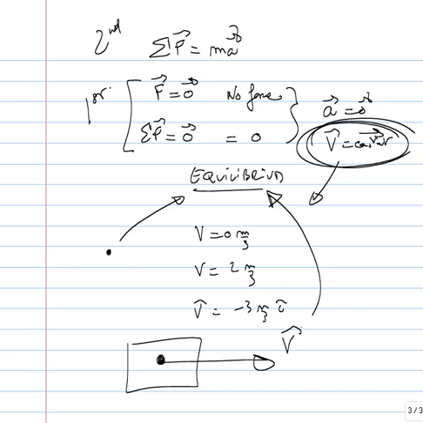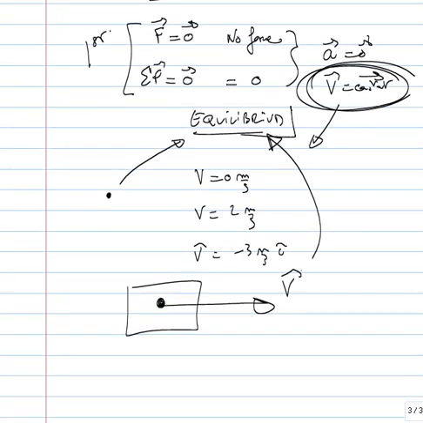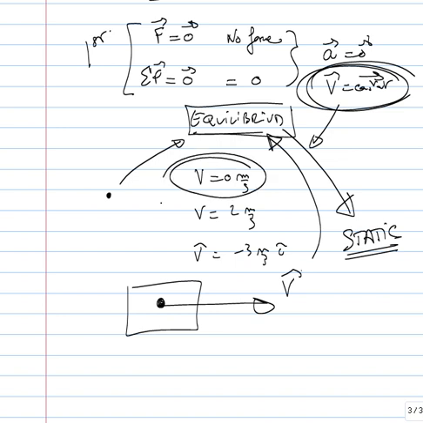So remember that when we say that the system is at equilibrium, which is also known as static, it means two possibilities. Either the system doesn't move, which is the case where V is equal to 0, or the system is moving, but it's moving at constant velocity. So there is no way for the second law to differentiate from this case to this case. All those cases fall under the first law.